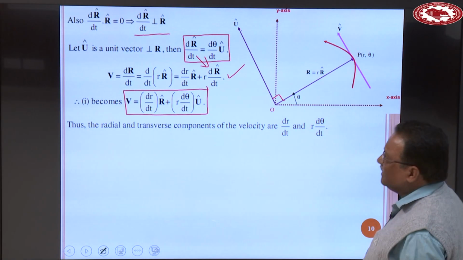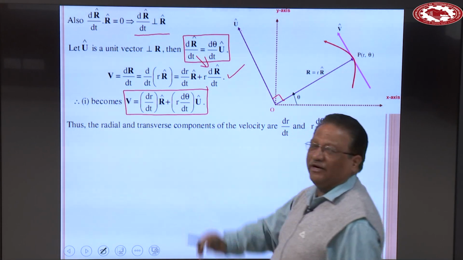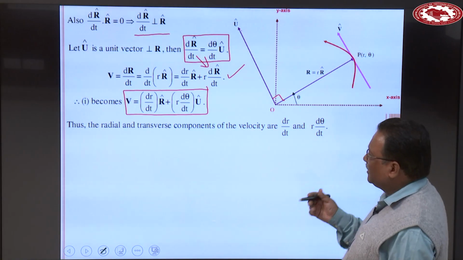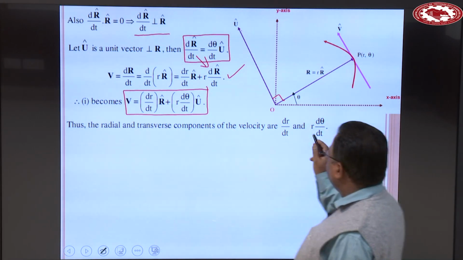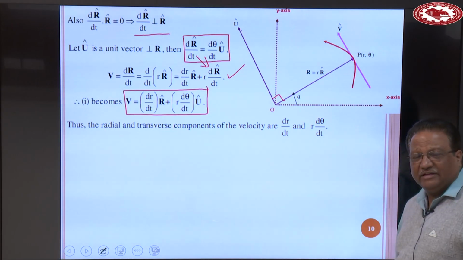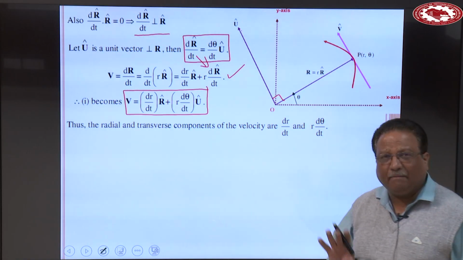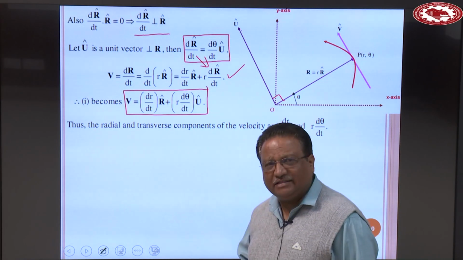This means this one is the radial component and this one is the transverse component of the velocity, clear. Radial component and transverse component of the velocity are dr over dt and r d theta over dt respectively, okay. So in this way you can evaluate the radial and transverse components of velocity, but the purpose is to evaluate the radial and transverse components of acceleration, clear.